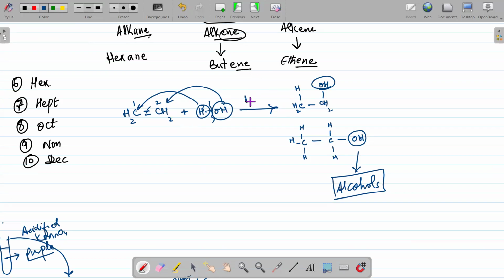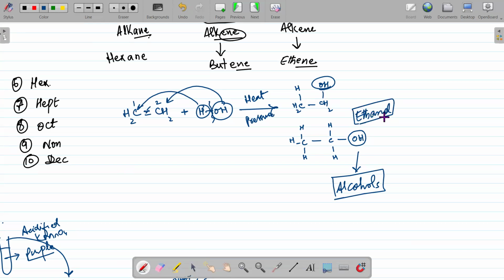So we need heat. In this reaction, we need pressure. And this reaction is also very important because this compound, as we know, is an alcohol. So the name of this compound, I would write here, ethanol. Is it clear?